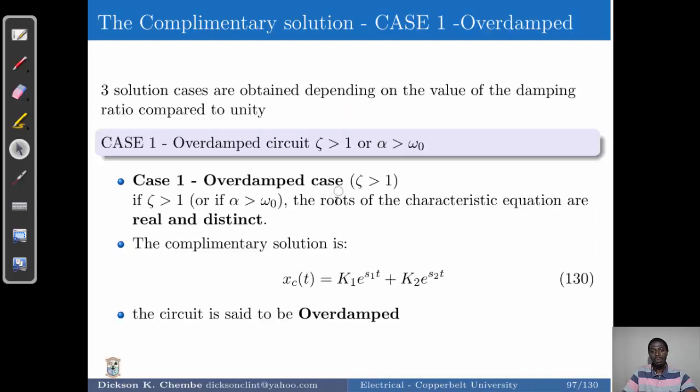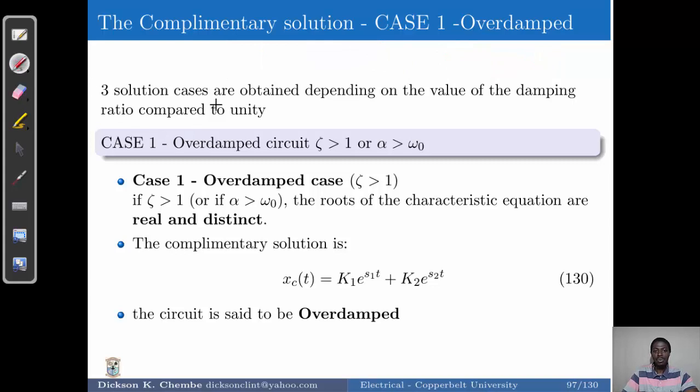There are only three case scenarios that we can obtain: case 1, zeta greater than 1; then zeta equal to 1; and then zeta less than 1. These are the three case scenarios that assist us in finding the complementary solution.